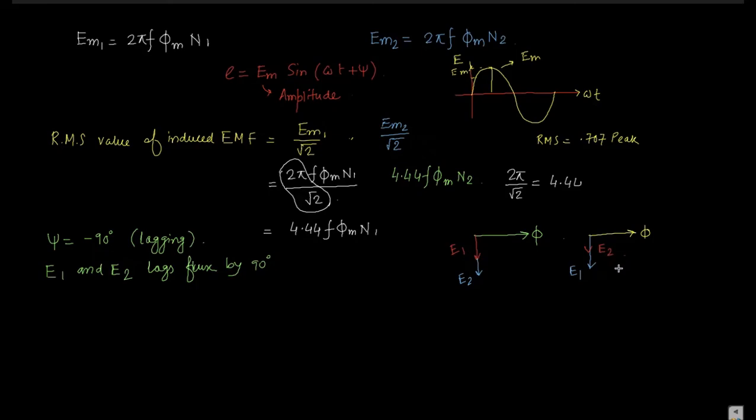Why did I draw these? In both cases, E1 and E2 lag by 90 degree from phi, if you consider phi as the reference phasor. Or you can draw E1 and E2 over here, and then phi is here. In this case also, phi leads E1 and E2 by 90 degree.